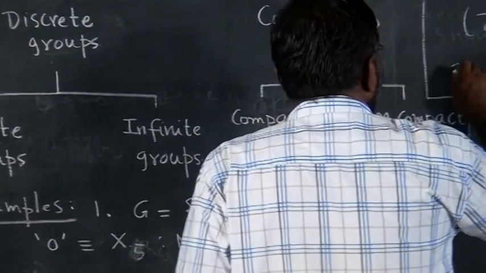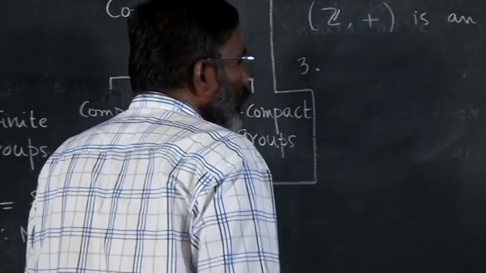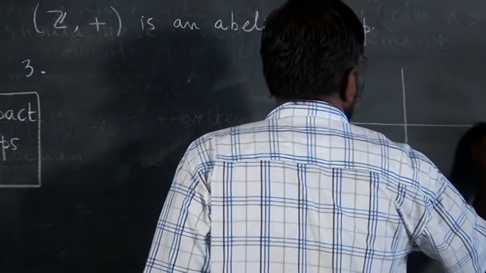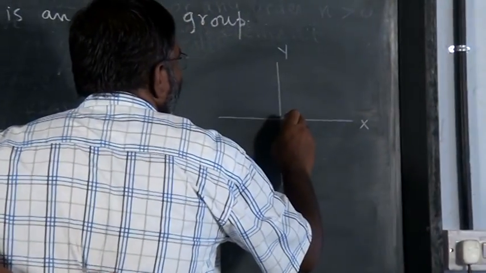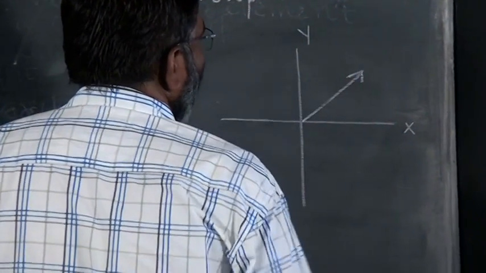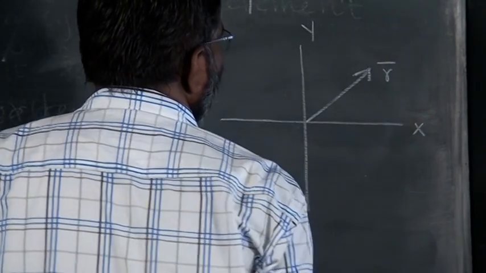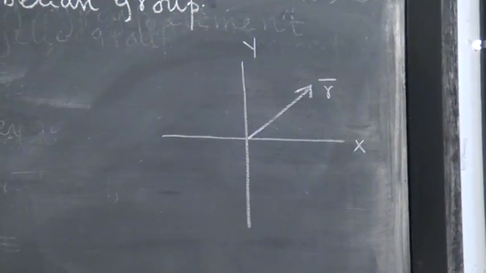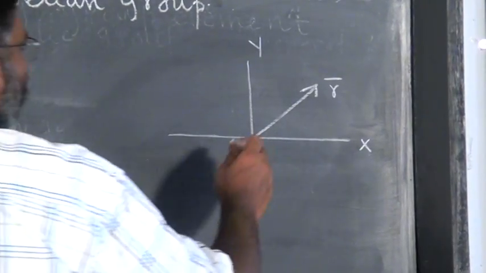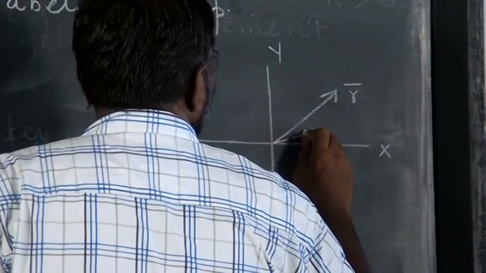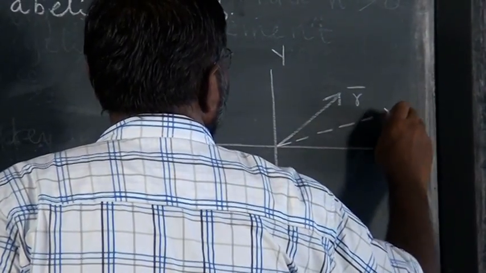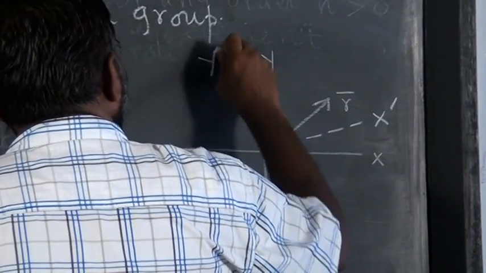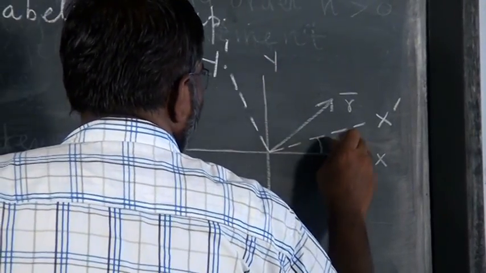Now take another example. I have a plane, the xy plane, and I have a vector denoted as r, and I make a rotation of the coordinate system. This is my x prime, this is my y prime, rotated by an angle theta.